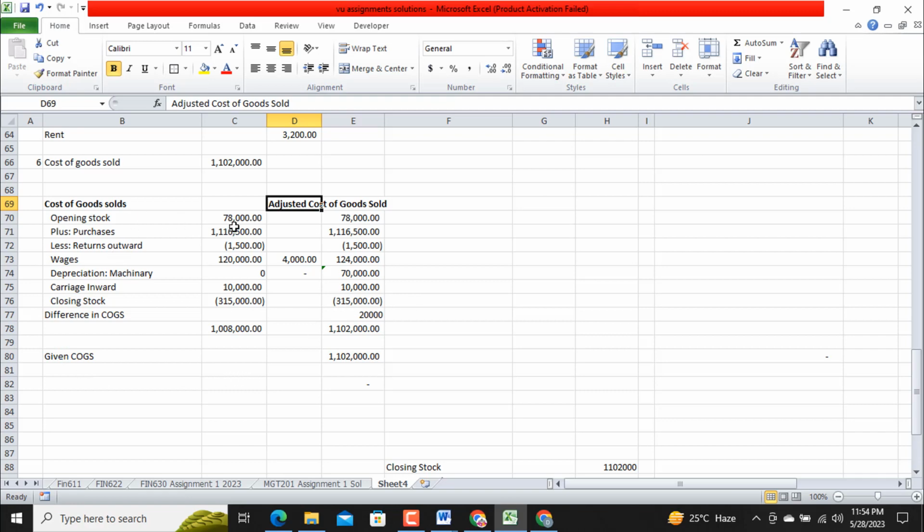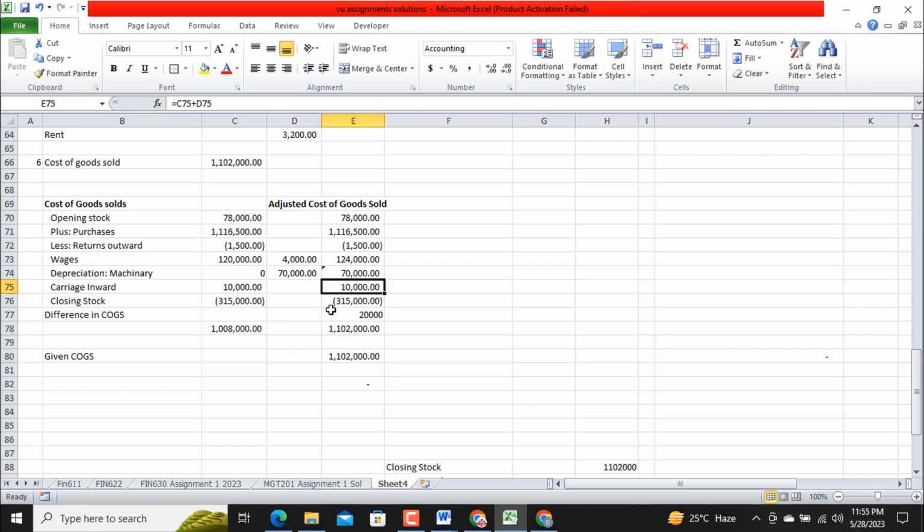So opening stock 78,000 plus purchases, less return outwards 1,500, wages 120,000, here we make the adjustment of 4,000, and depreciation of machinery is not available here, but we make this adjustment, we need to add this here. So let me add 70,000, and carriage inwards, a part of the cost of goods sold, 10,000, closing stock.